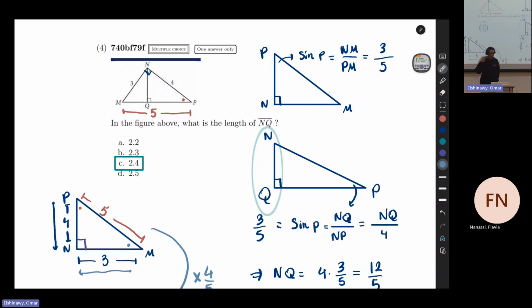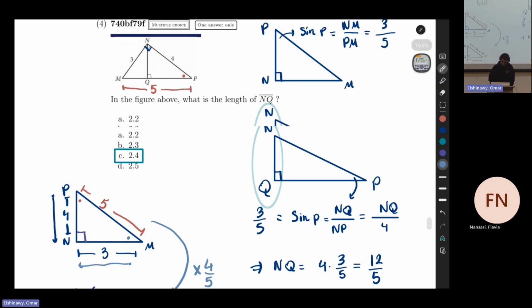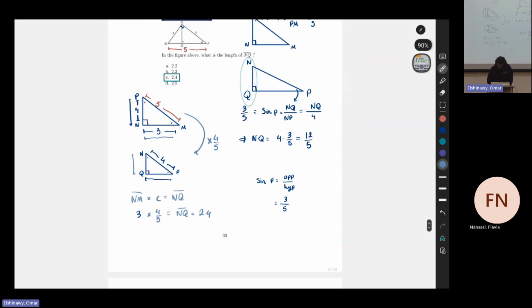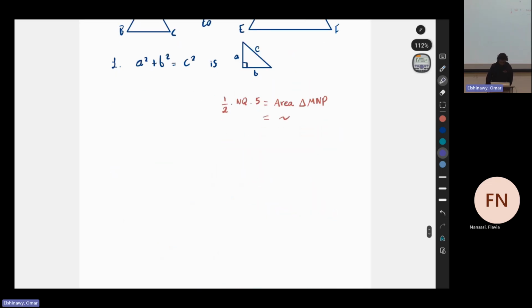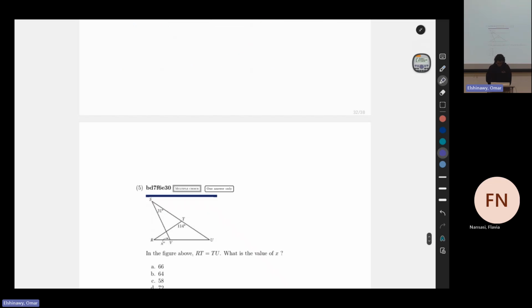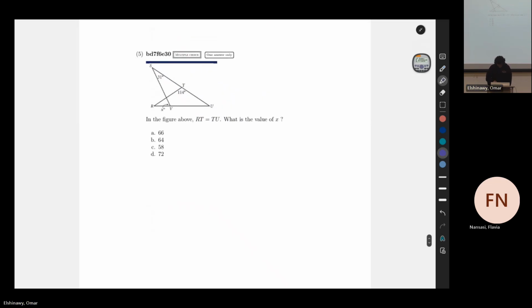So you're already thinking of similarities. But at the same time, it's also good to think about different ways to tackle the problem, like the method that was proposed by Flavia. That was also very unique. So that's good. I think that's a good problem.